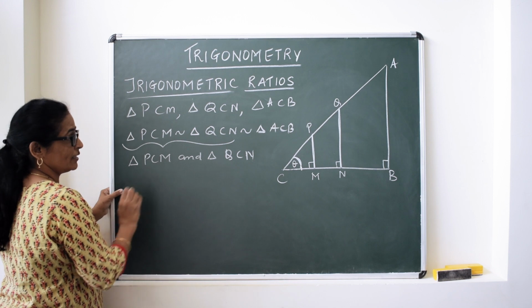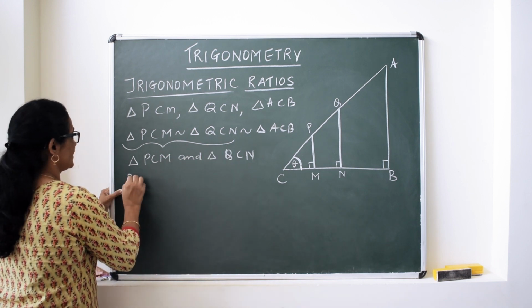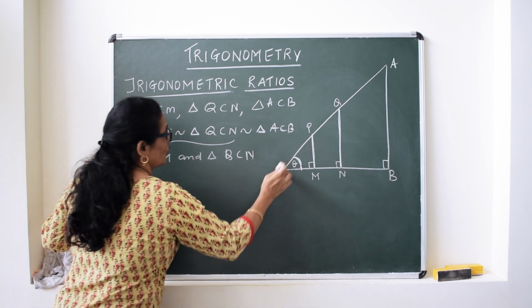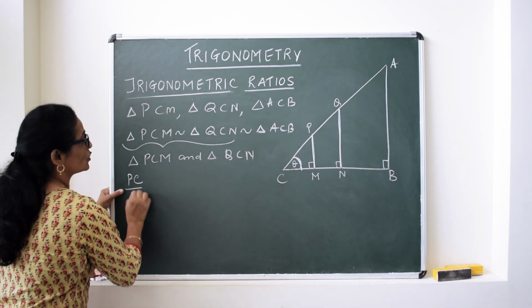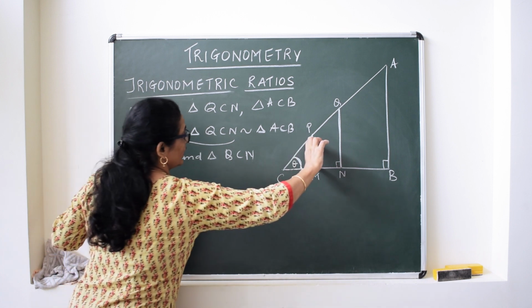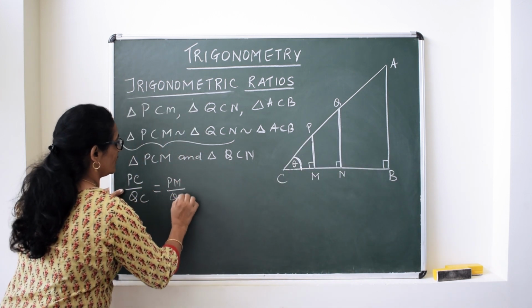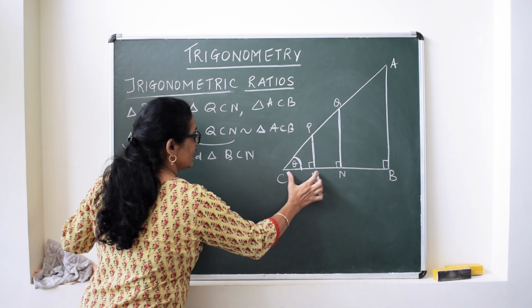They are similar, so write the corresponding sides. PC upon QC will be equal to PM upon QN will be equal to CM upon CN.